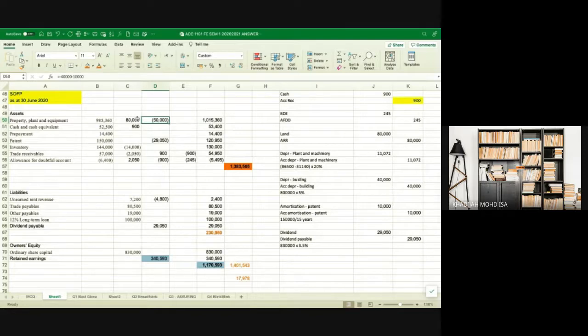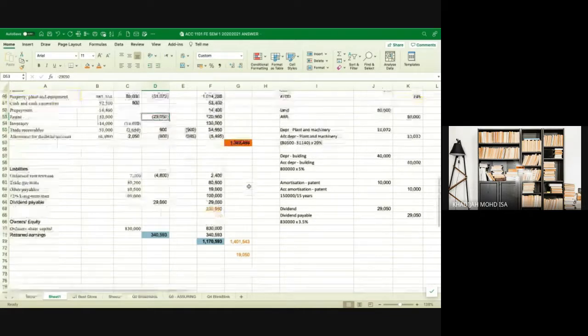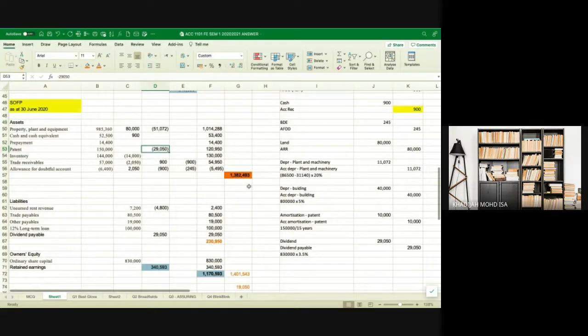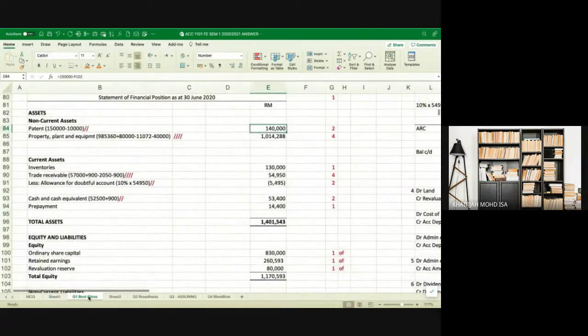My depreciation should be 11,072 and 14,000. 11,072, right? 10148, and my patent has 129,050. Still not right.